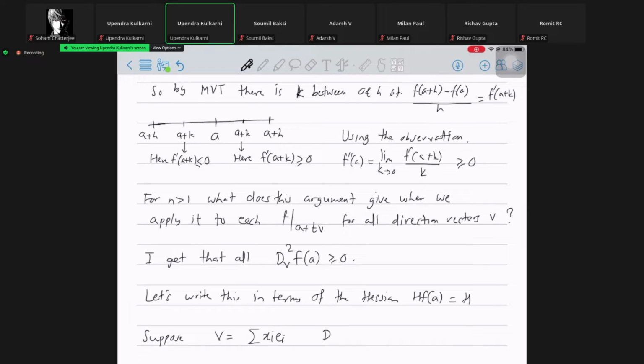Then what is d sub v of f? It is f dash of a applied to v. In fact, let's not write down at a.